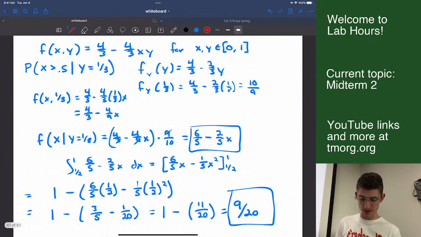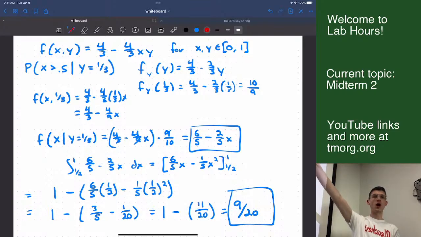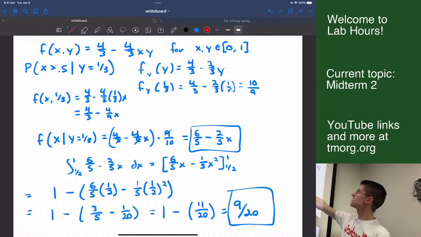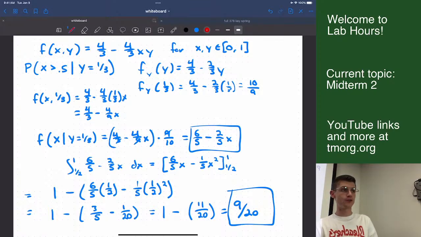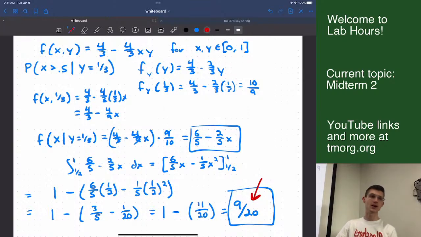Geometrically, that's what that represents. But just literally in the world, what it means is if I know that I have sold, for example, 1/3 of a warehouse of good Y, then what is the likelihood that I have already sold more than half of my warehouse full of X? Well, the odds are not great, but they're not awful. It's 9/20.